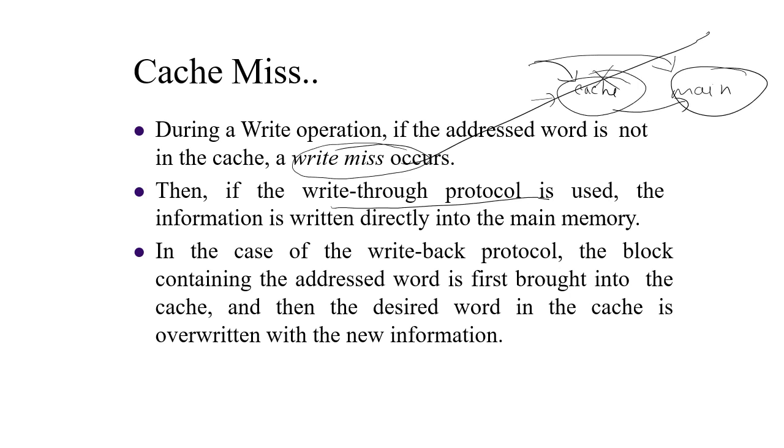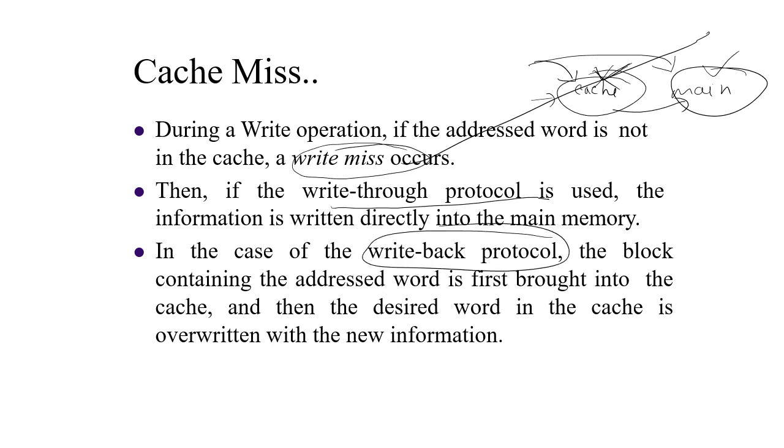It will not be copied to the cache memory. This is write through protocol in case of write miss. Whereas in case of a regular write operation or write hit, you can update the data both in the cache memory as well as the main memory by using the write through protocol.